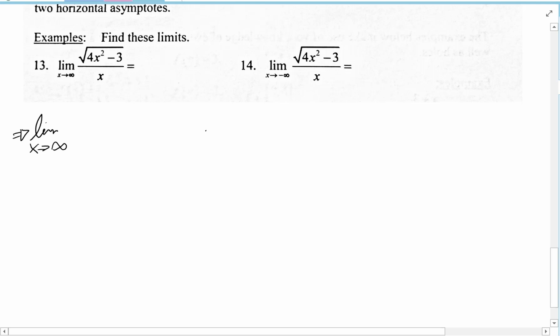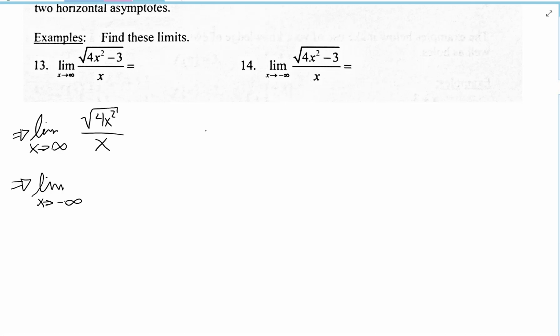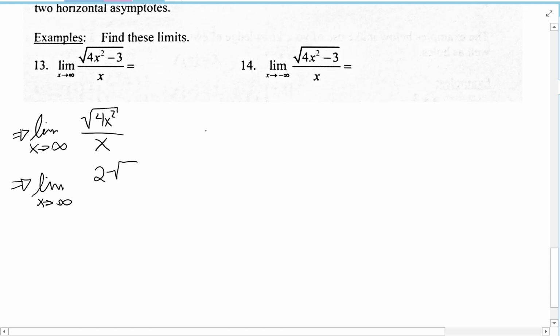I know it feels very weird to just ignore those things like they don't exist. Okay, and that is over x. Is there any other reducing that I could possibly do? Actually, I could take the square root of 4. The square root of 4 is 2. Then we have the square root of x squared over x, and you might be saying, why don't we just square root that x squared?